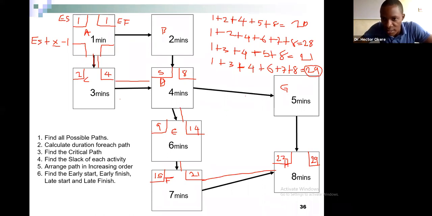Path 3 is 21 days and path 4 is 29 days. 29 days is the longest path, which means that is your critical path. Do you understand it up to here?